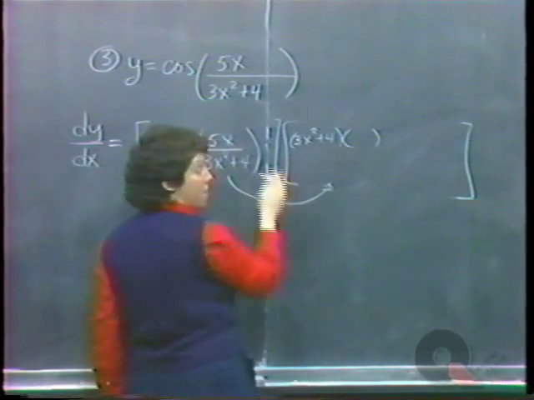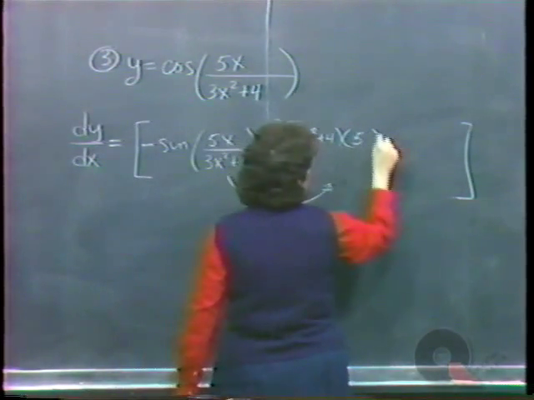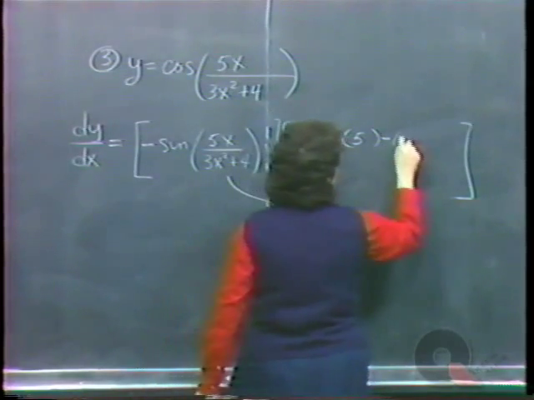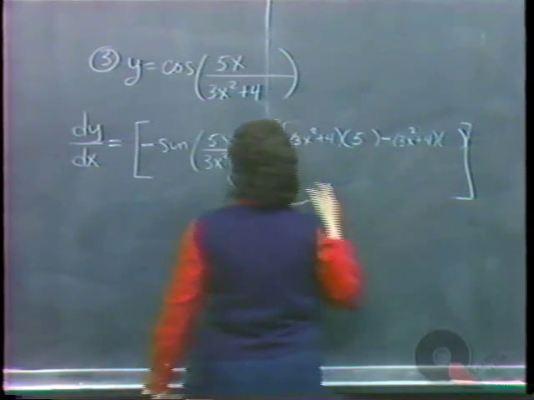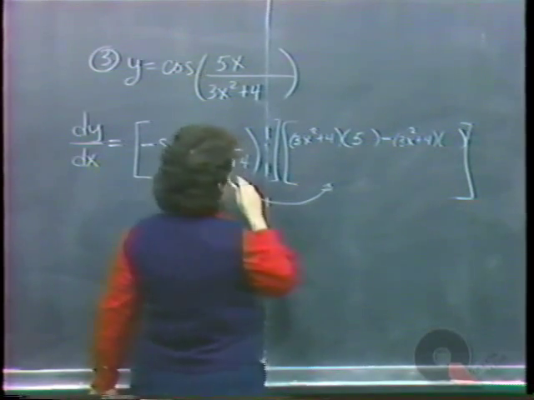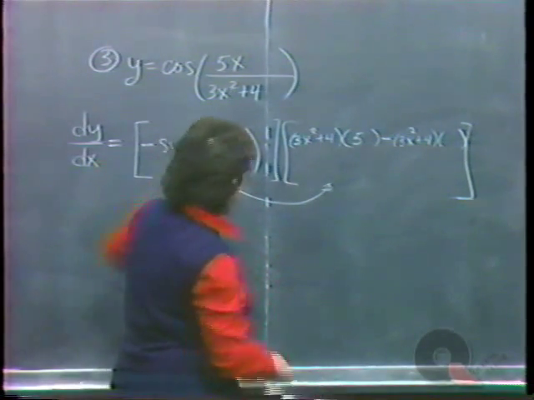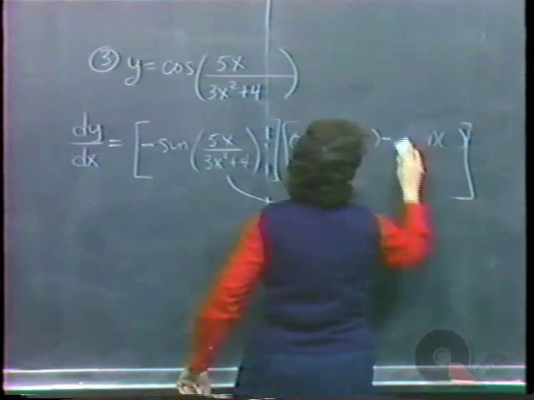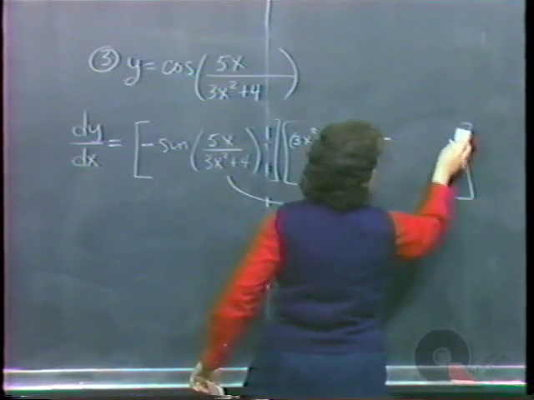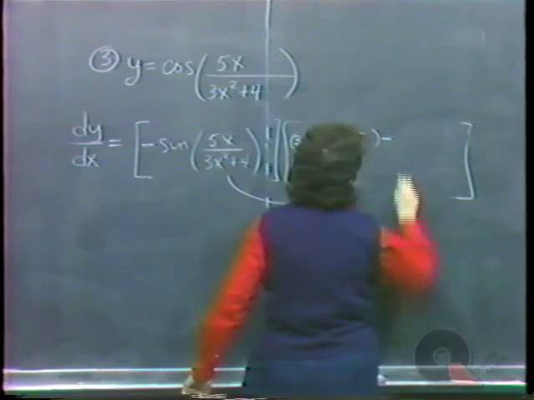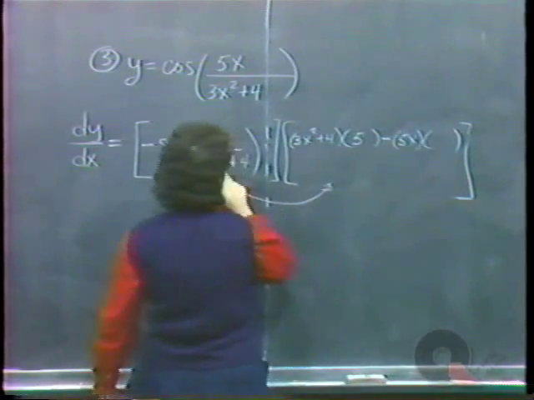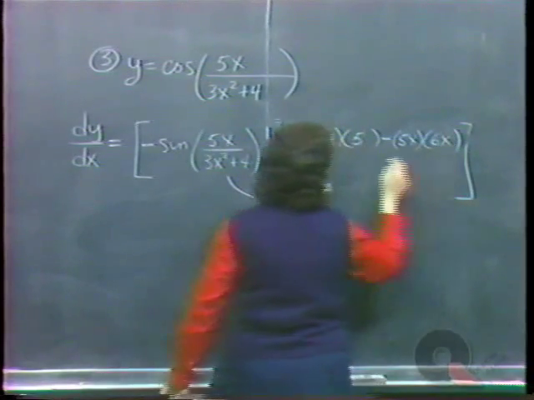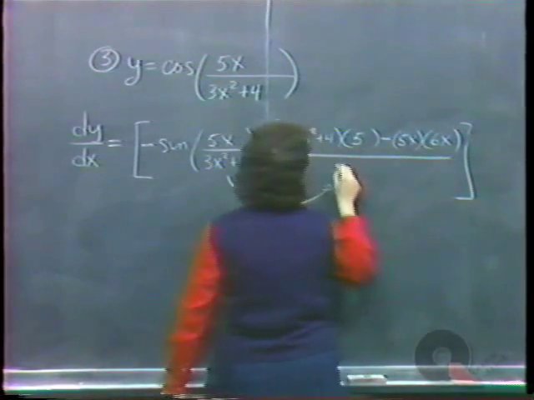The derivative of 5x with respect to x is 5, minus the top, 5x, times the derivative of the bottom, which is 6x, all over the bottom squared.